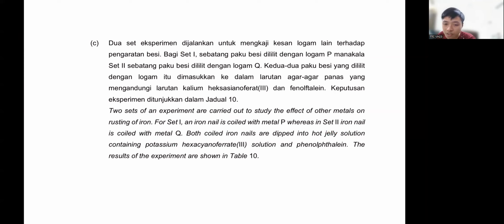Containing potassium hexacyanoferrate. Now, this is what, for those who remember, the chemical test for Form 4 chapter 6, the cation test. This one is to test the presence of Fe2 plus, potassium hexacyanoferrate. Very important, whether they got Fe2 plus or not. This one normally will form dark blue precipitate.